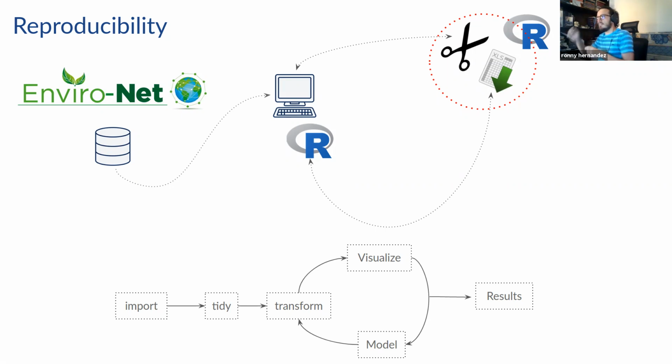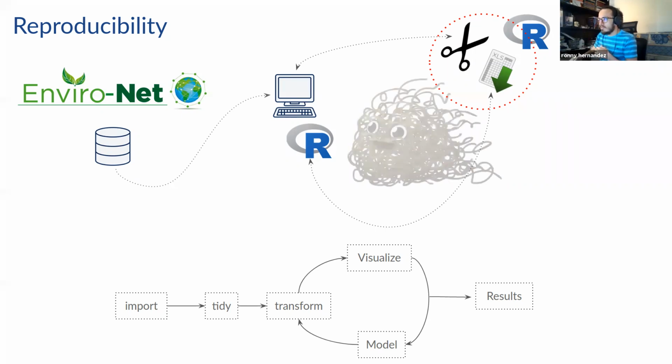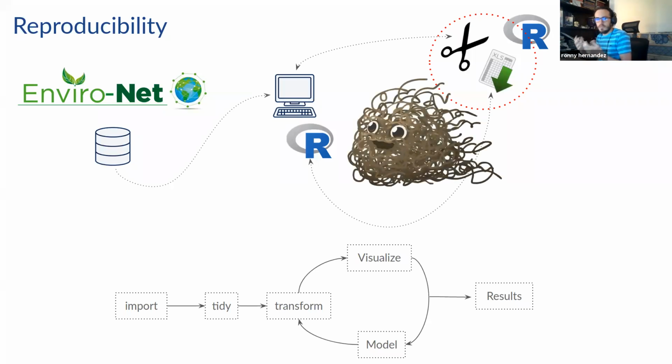And then in Excel, I'm going to press this button, and then click this other button, and then cut and paste data from one sheet to another. And at the end, we are going to lose our steps, and we are going to have a mess in what we did.